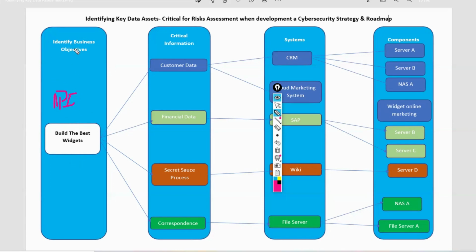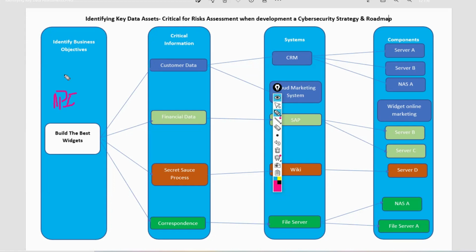So that's the main objective, the business objectives of this organization. Once you identify the business objectives, then you need to look at what are those systems, what are those processes that actually help in meeting the objectives of the organization. So I hope that you understand where it is that we're actually going.